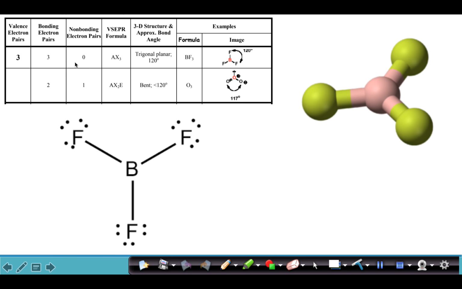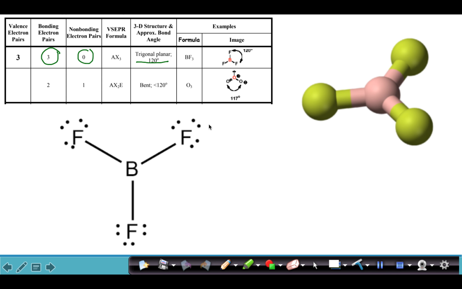If instead we have 3 atoms bonded and no lone pairs, we're going to call this trigonal planar with a bond angle of 120 degrees. The way that those electron pairs can get the furthest away from each other is going to be in this trigonal planar arrangement.